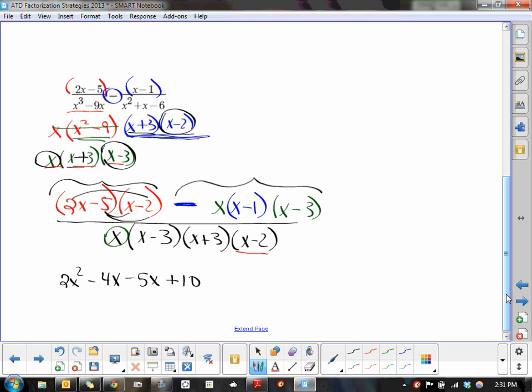How many numbers are we multiplying together? 3. When you multiply numbers together, at most you can multiply at any one time is how many? 2. Now it really doesn't matter which 2 you want to multiply together first. It's your choice. But once you multiply 2 of those together, you take that answer and then you multiply it by your third number. So it's a matter of what you want to do.